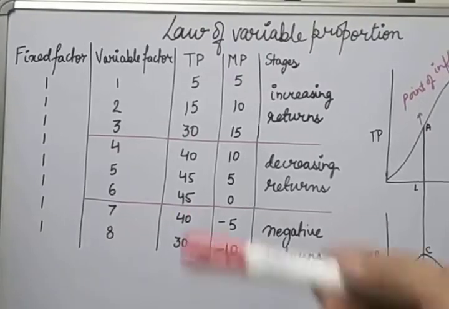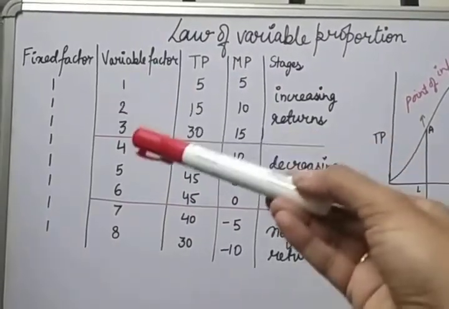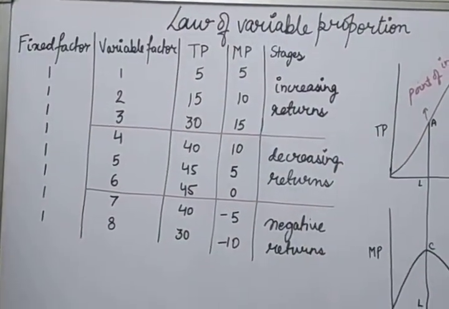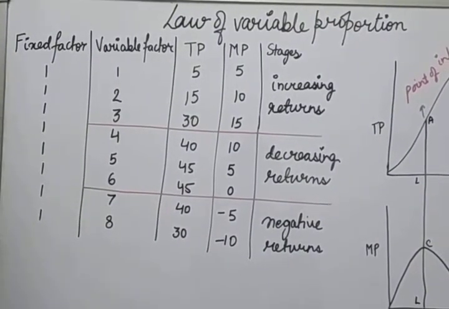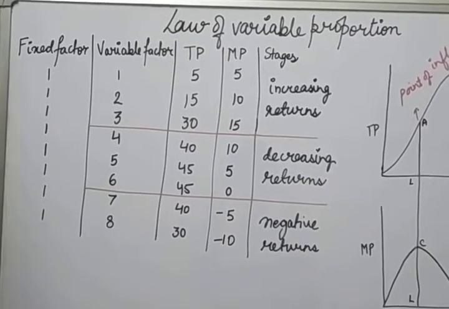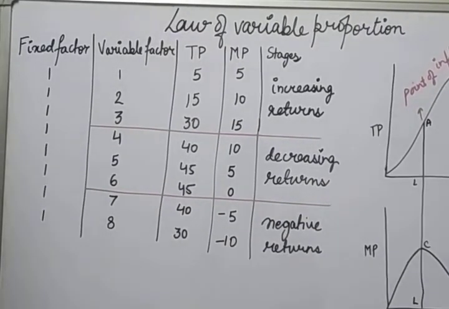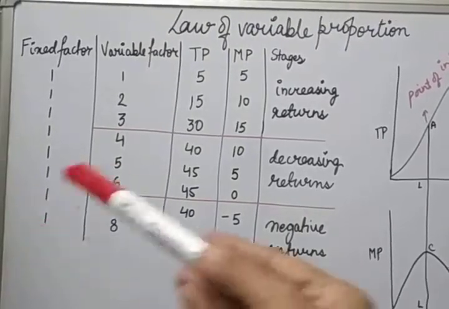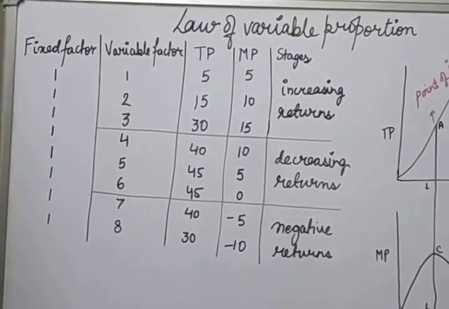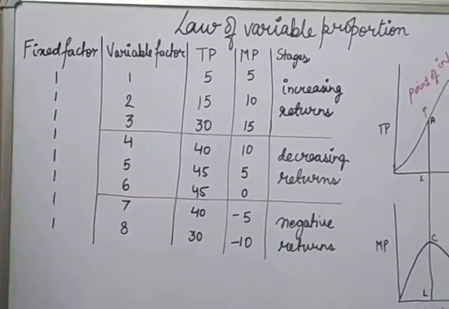That means if you are hiring one more labor, then the next labor should be equally efficient. Another thing, there is a short period of operation. The last one, factors of production are not perfect substitutes. That means the variable factor and fixed factor are not perfectly substitutable for each other.